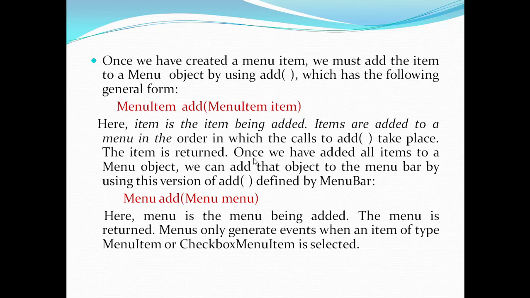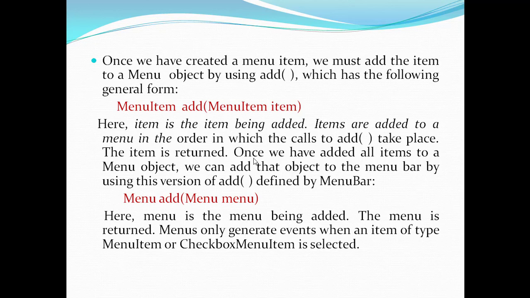We can add that object to the menu bar by using the version of the add method like this: Menu add(Menu menu). Here menu is the menu being added, and the menu is returned.